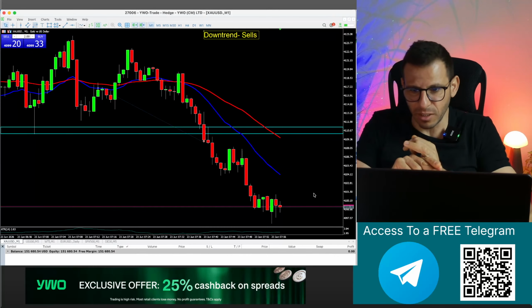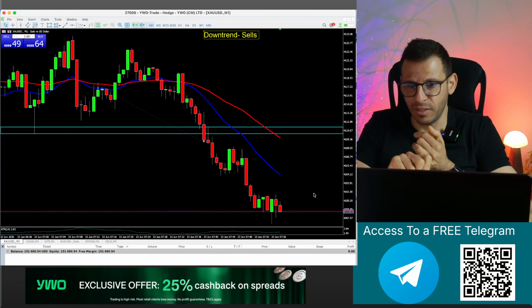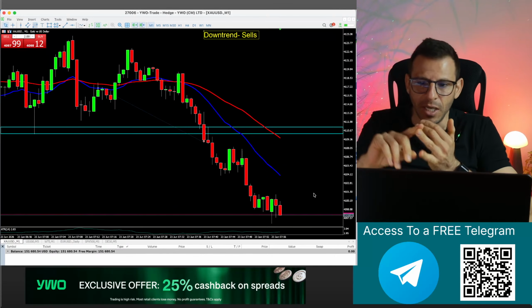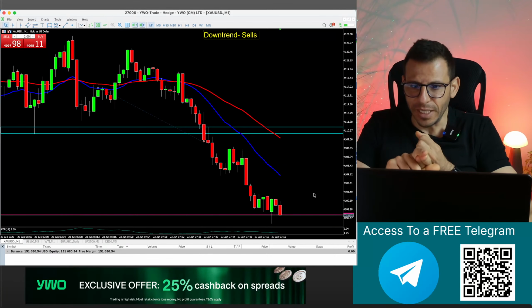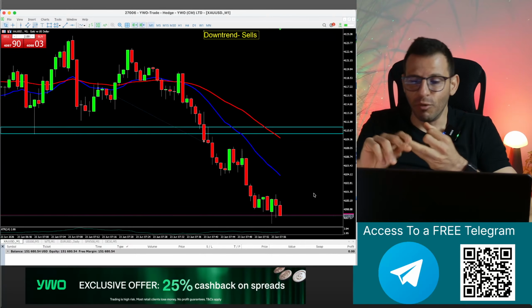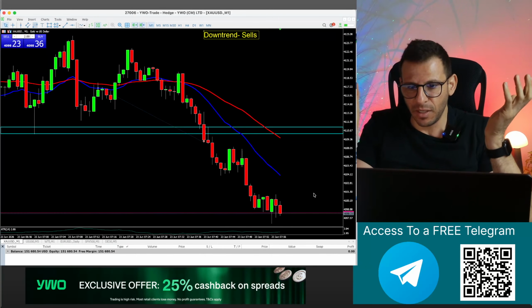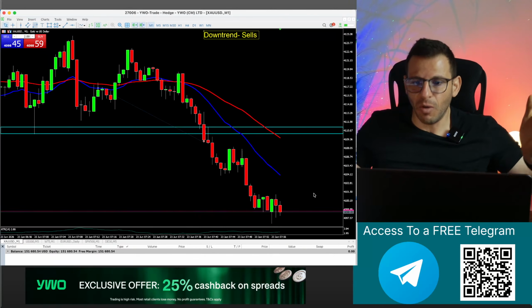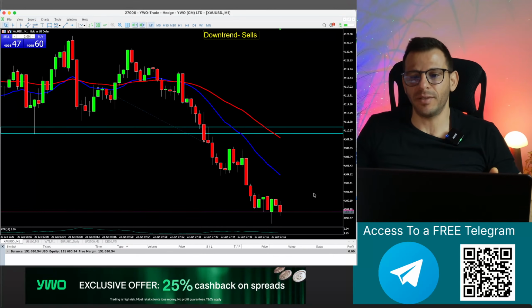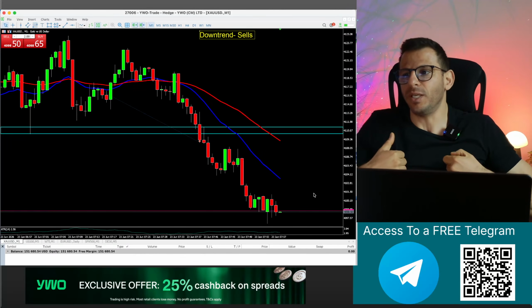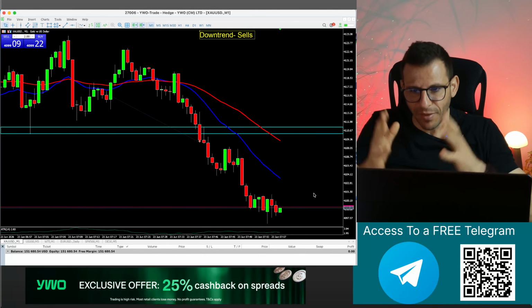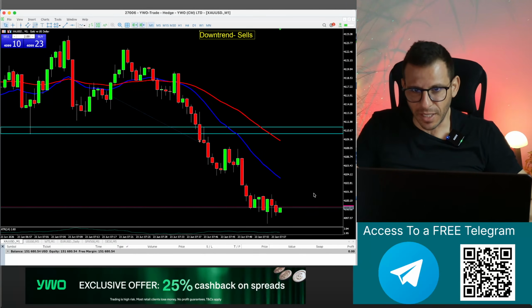So choose wisely. For me, there are a few criteria. First is the license, which YWO has, the tier 1 license, which is totally fine. Second, if we talk about trading environment, is definitely the spreads. What is the price cost to place a trade? What does it cost me to place a trade? If the spread is so small like this one here, it's absolutely phenomenal.